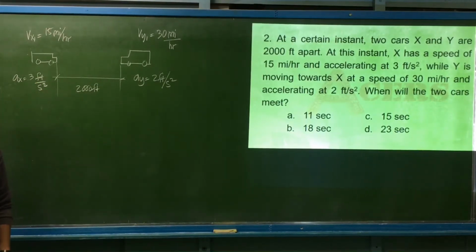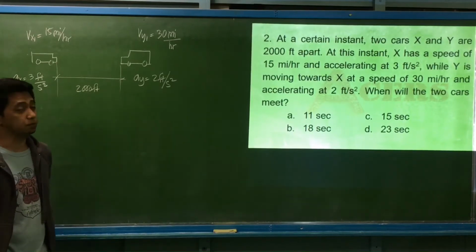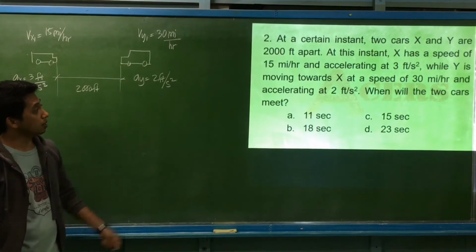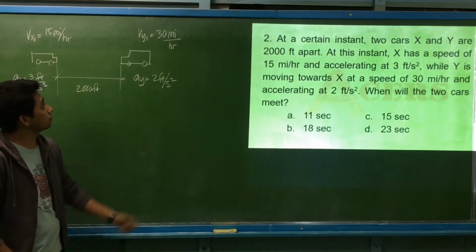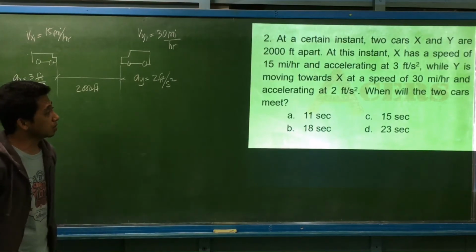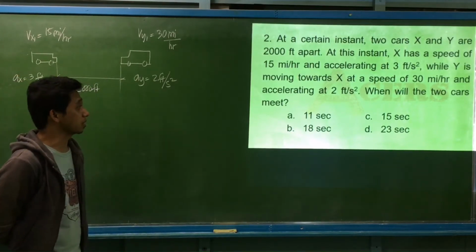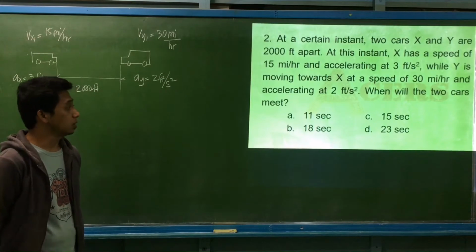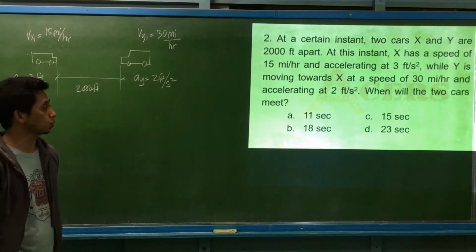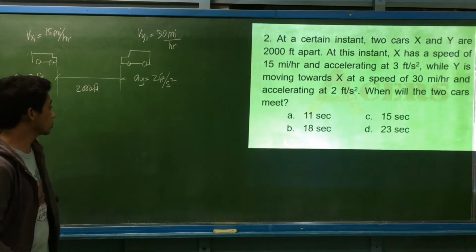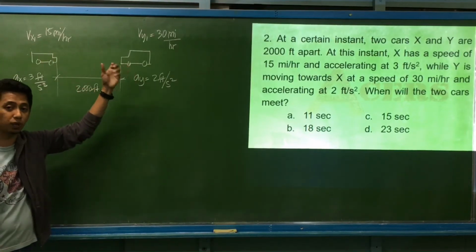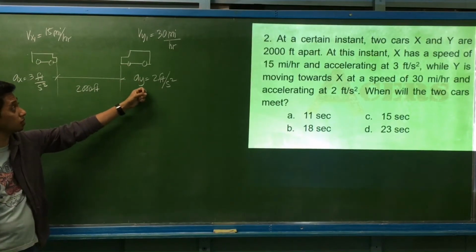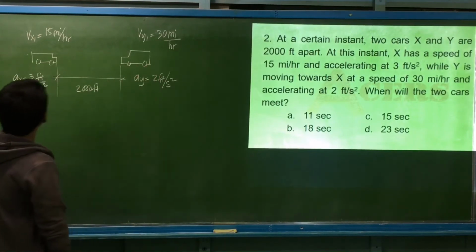At this instant, X has a speed of 15 miles per hour and is accelerating at 3 feet per second squared, while Y is moving towards X at a speed of 30 miles per hour and accelerating at 2 feet per second squared. So the question: when will the two cars meet? First, let us be consistent when it comes to our units.